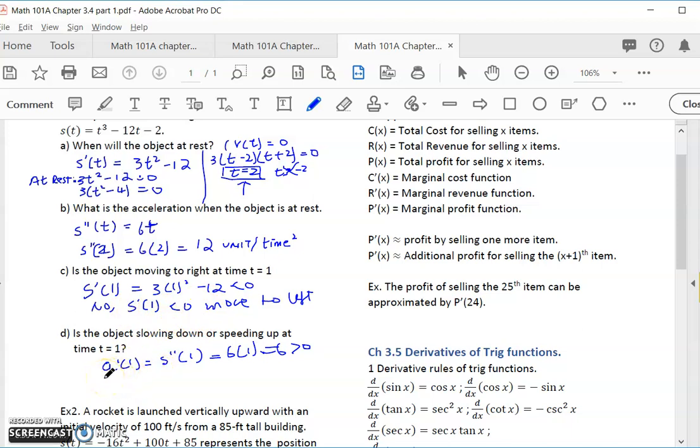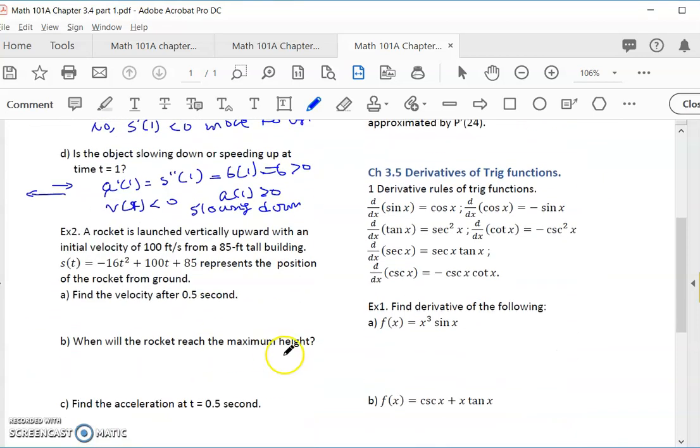It should be slowing down because v of 1 is negative, but a of 1 is positive. They are in different directions, so it is a slow down. If they're both going in the positive direction, the velocity will be more and more positive. But in this case, it is slowing down because while the velocity wants to go in the negative direction, your acceleration is pulling it back. Your acceleration is positive, which means it is trying to push it back to the other side. So it is a slow down.